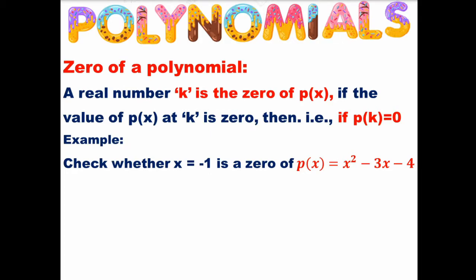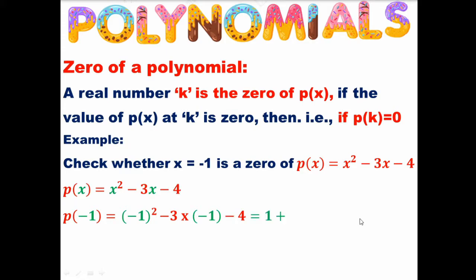Otherwise it is not. Now let's proceed to find whether minus 1 is a zero of p of x. For that, I replace x by minus 1 so that I get x square to be minus 1 square, 3x to be 3 into minus 1, and minus 4. When I simplify, I get 1 plus 3 minus 4, that is 4 minus 4 equals 0.